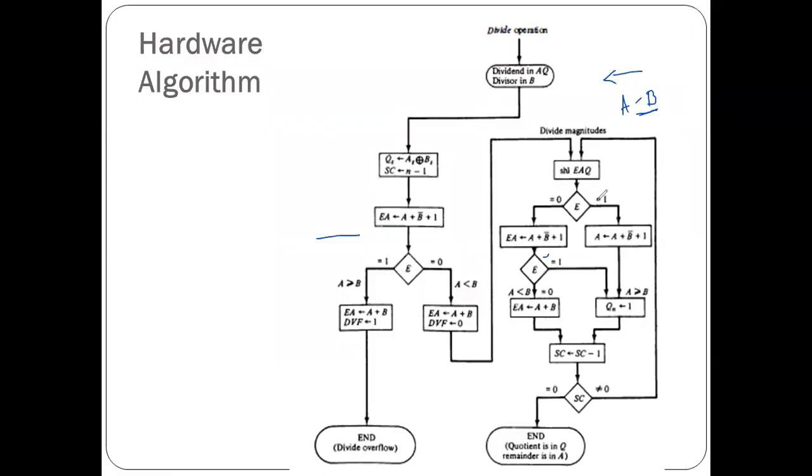In this case, if the most significant bit is 1, there is no point of going by the A less than B condition, because one more extra bit is available.